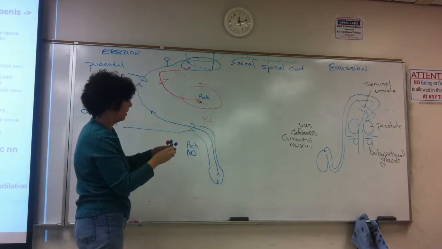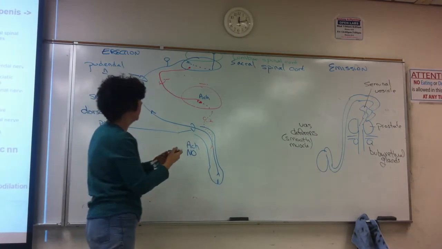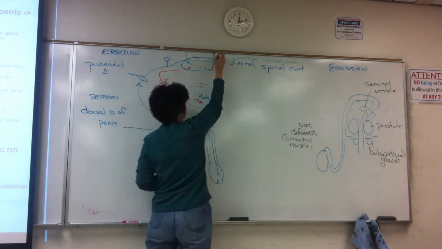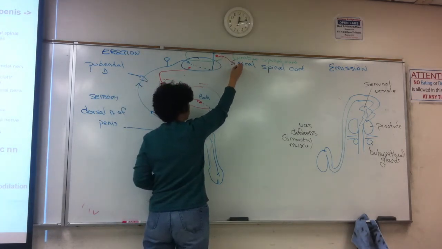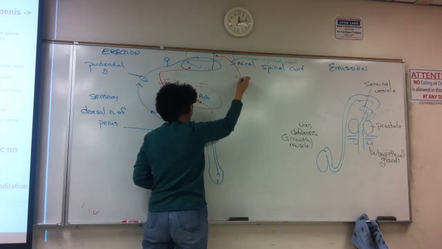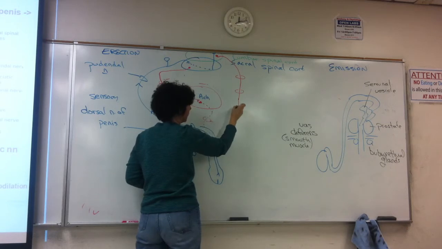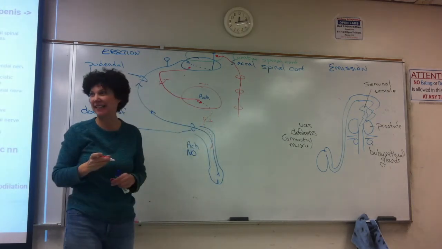And then we have our preganglionic sympathetic fibers that will come out and travel down the sympathetic chain. But they will not synapse in each of those ganglia.